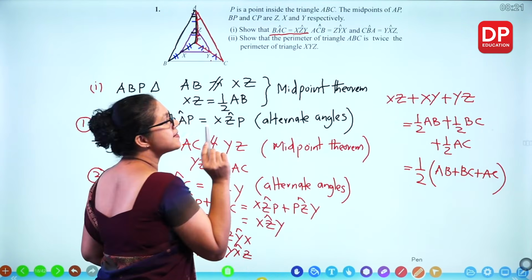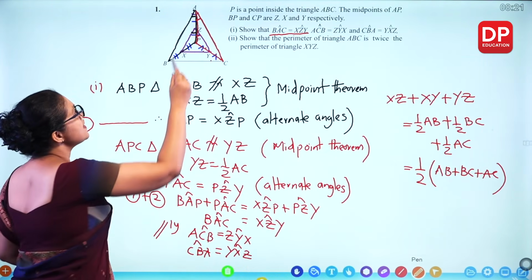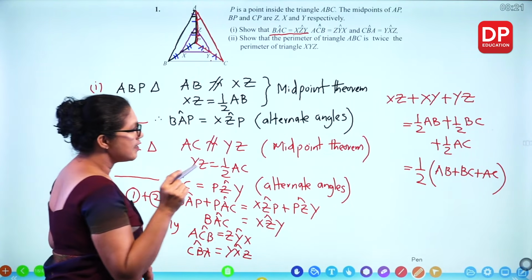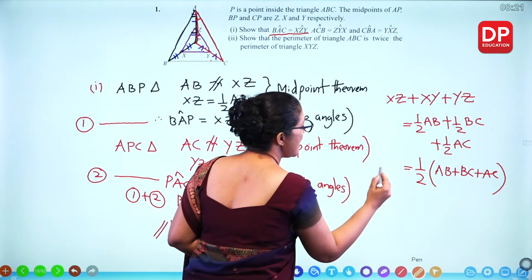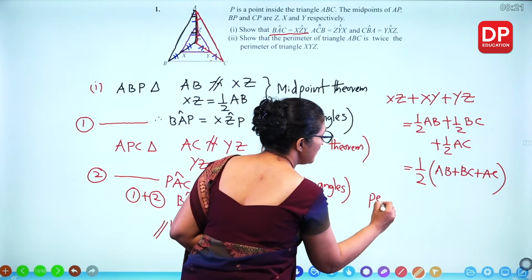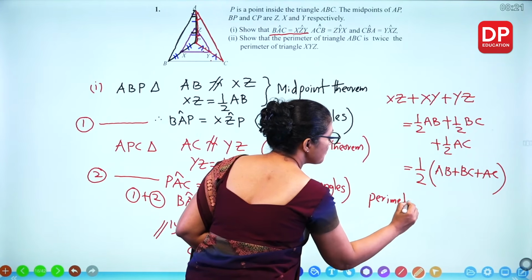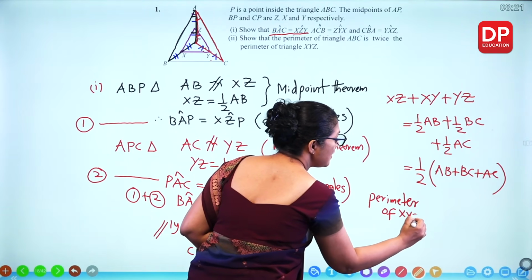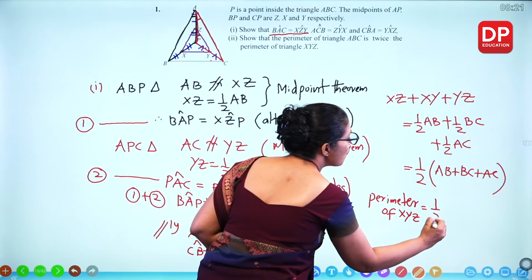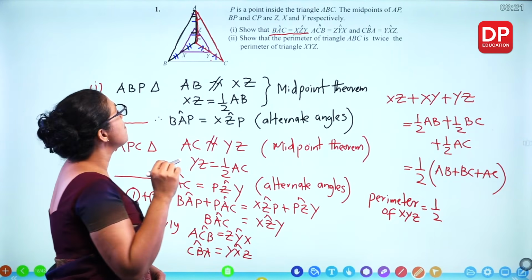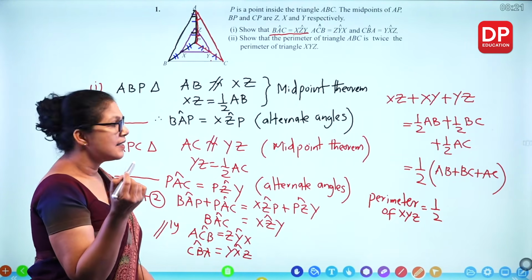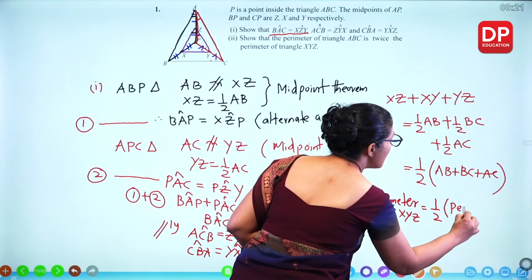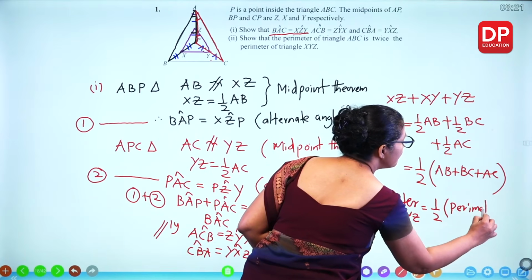What's that? XZ plus XY plus YZ. What's that? Perimeter of triangle XYZ. So on the left hand side you get the perimeter of triangle XYZ is half of AB plus BC plus CA, which is the perimeter of triangle ABC.